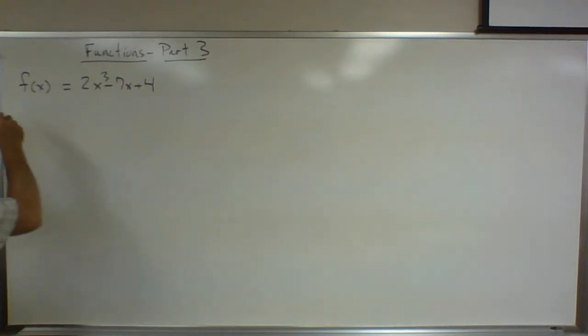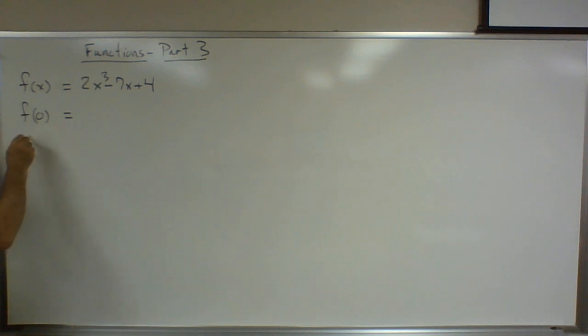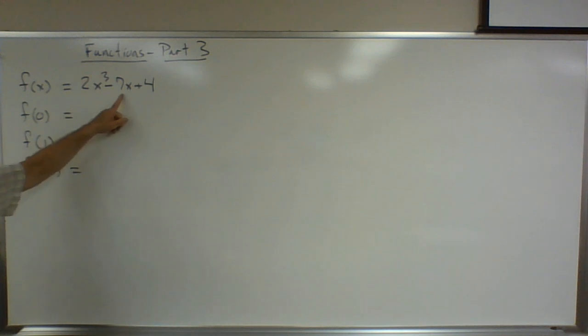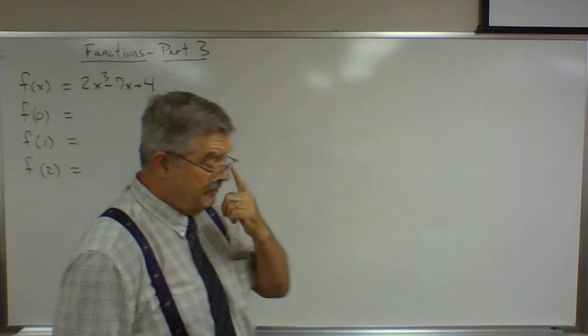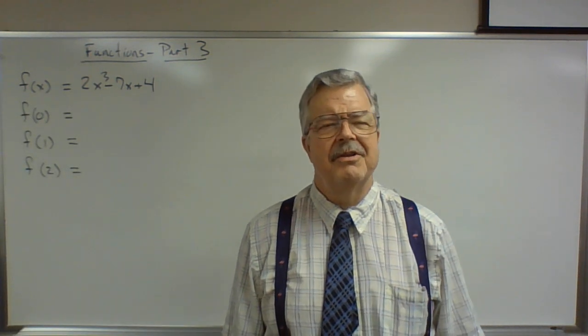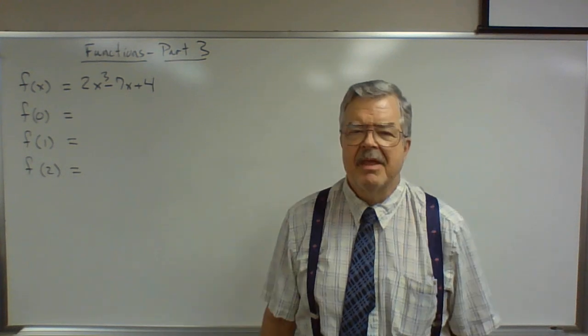And let's compute the following. f evaluated at 0, f evaluated at 1, f evaluated at 2. And we might note the domain of this function. Do we remember that?